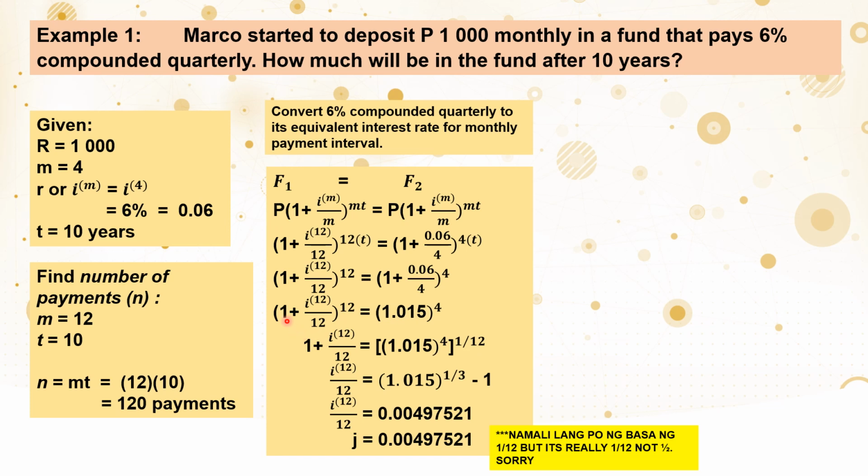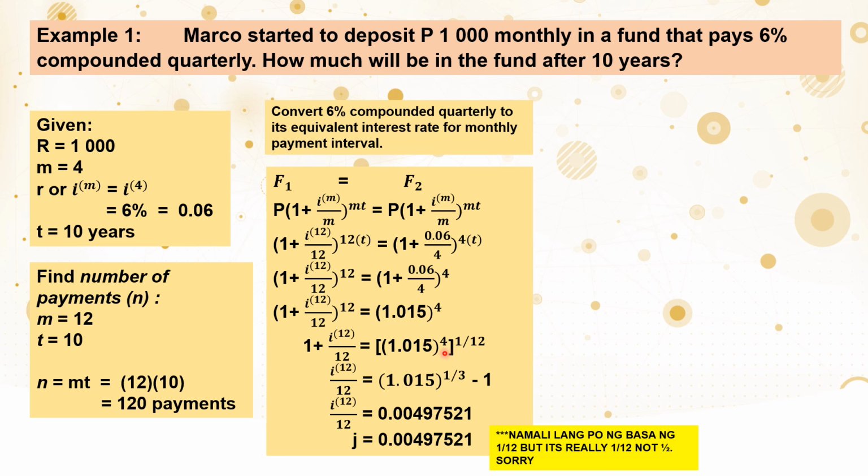Then, just copy 1 plus I raised to 12 over 12. So, we now have on the right side the quantity 1.015 raised to 4 raised to 1 twelfth. Next, let's simplify 1.015 raised to 4 raised to 1 twelfth.